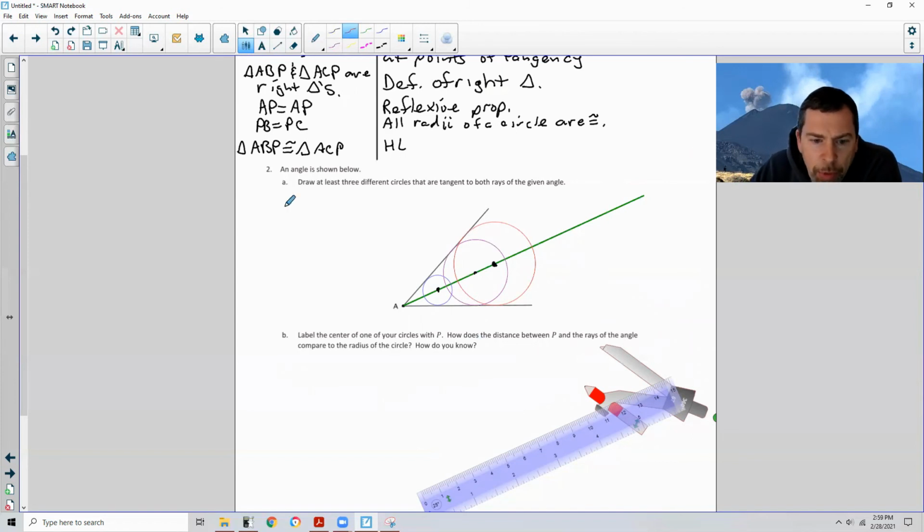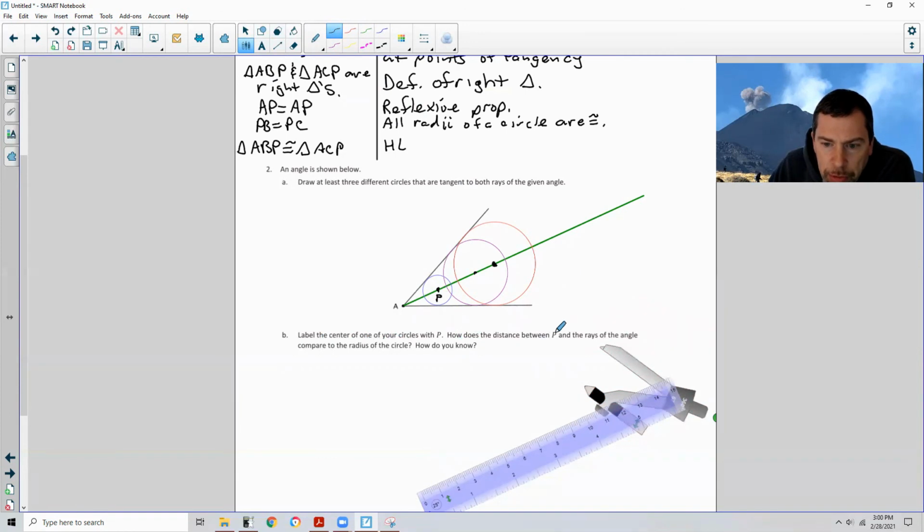So now it says label the center of one of your circles with P. So I'll put P in this small circle. How does the distance between P and the rays of the angle compare to the radius of the circle? And how do you know?